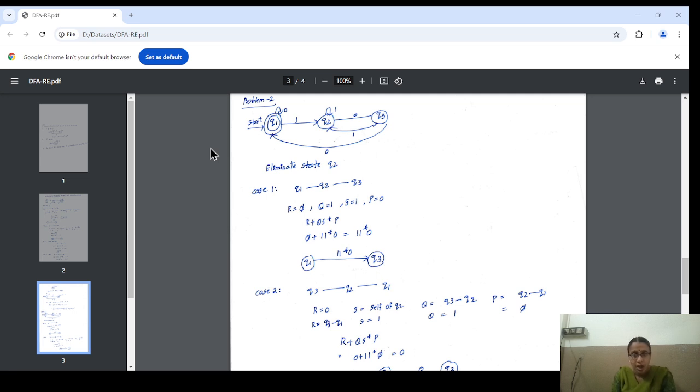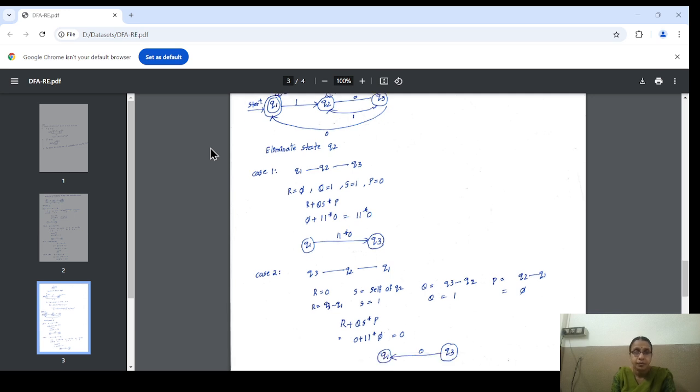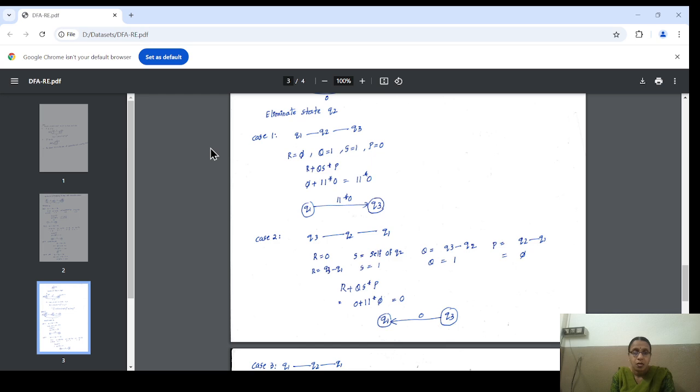The Q equal to 1, and P means Q2 to Q1. The value is 5 in the diagram. So we are substituting all these values in the formula. R equal to 0, Q equal to 1, S equal to 1 star, and P equal to 5. So we get the formula as 0, 5.